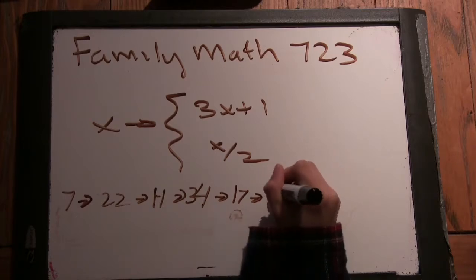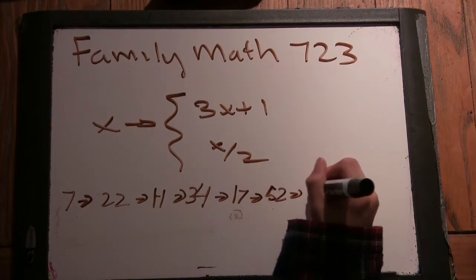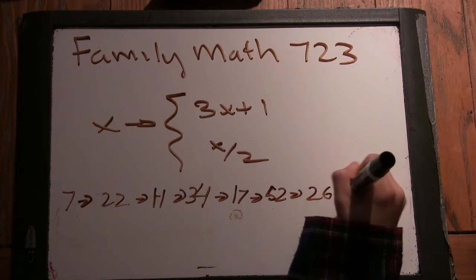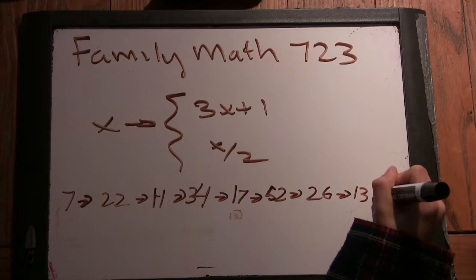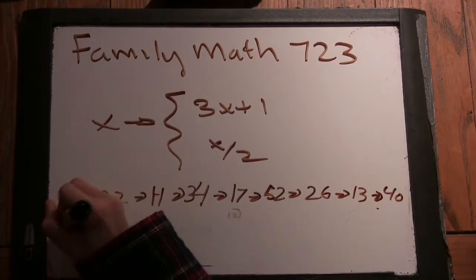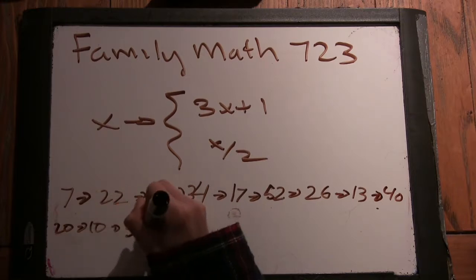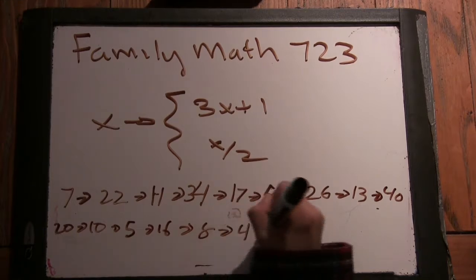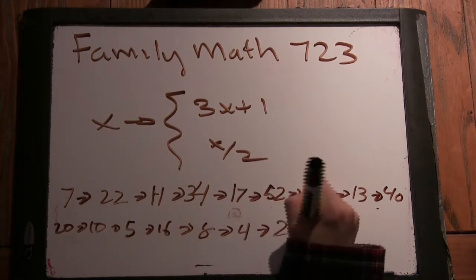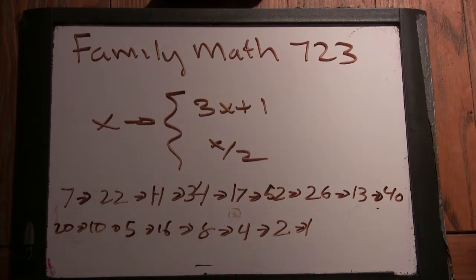And 52. 26. 13. 40. 20. 5. 16. 8. 4. 2. 1. And then it'll repeat. So this does eventually get down to 1 and then repeat.